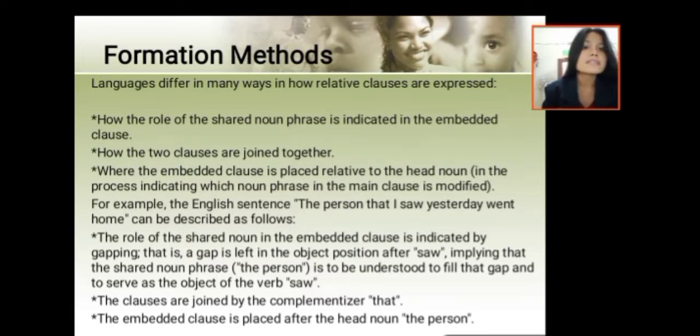For example, the English sentence, the person that I saw yesterday went home, can be described as follows.